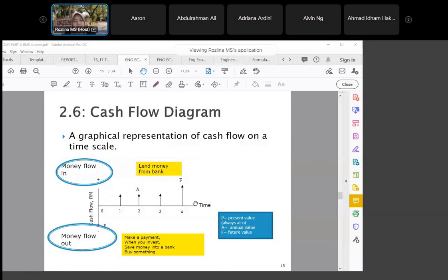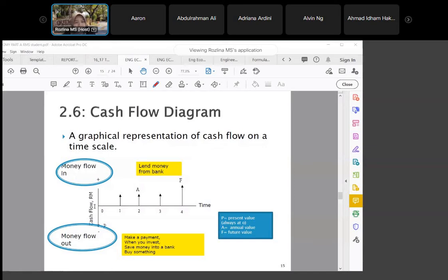This is the time scale. And this is the arrow. You can see the arrow may be upwards or downwards. They have meanings. What is the meaning of the upward arrow and what is the meaning of the downward arrow?